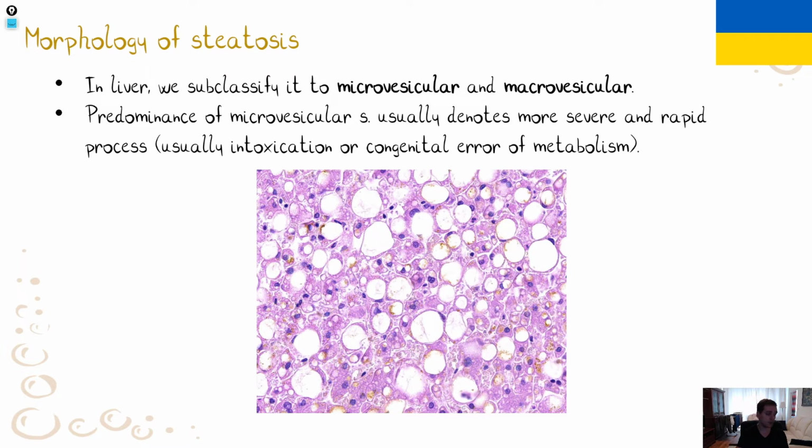It has its diagnostic significance because the predominance of microvesicular steatosis in liver usually denotes more severe and rapid process. So if you see severe, almost purely or at least predominantly microvesicular steatosis in liver, it usually indicates some intoxication or congenital error of metabolism. So it's good to keep in mind.